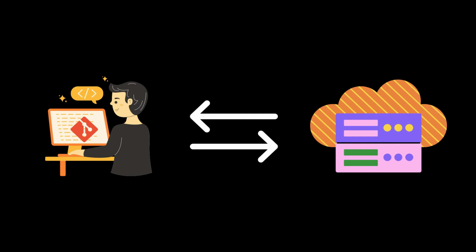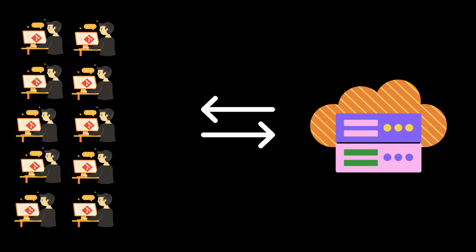Now let's talk about the team situation. So here are a few developers, and let's not only focus on developers. Let's say there are different team members, and these team members include graphic designers, front-end developers, back-end developers, etc. All the team members are there, and let's say they are all writing the code. So how will they share the code with each other? They will share the code by using this cloud repository.